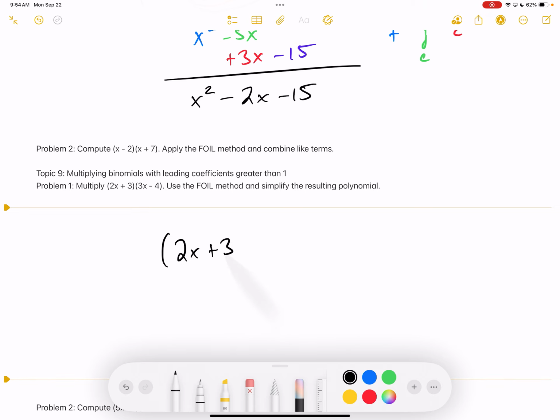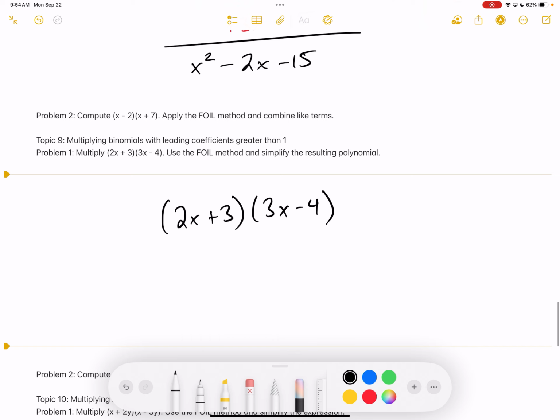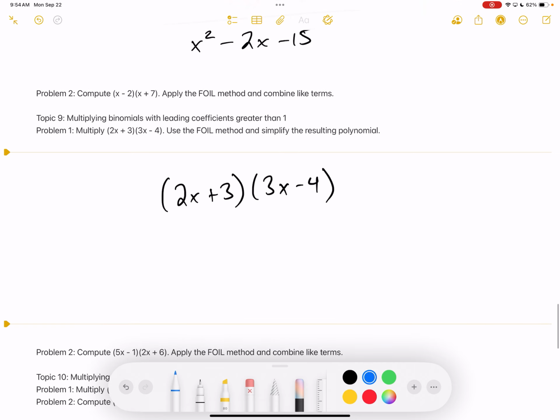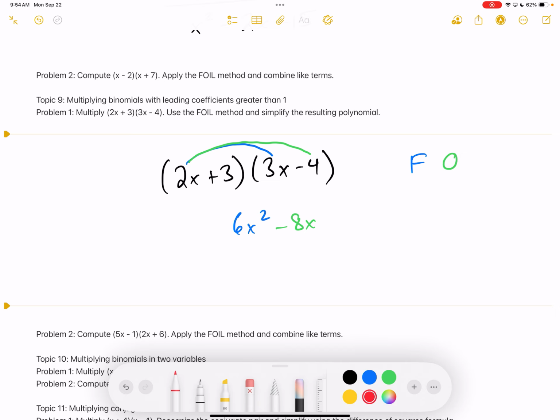The next topic's just foiling, but a little bit harder. So first, 2x times 3x would be 6x squared. Outside would be 2x times negative 4. That would be negative 8x. Inside would be 3 times 3x would be 9x.